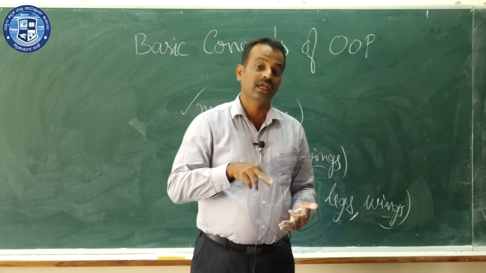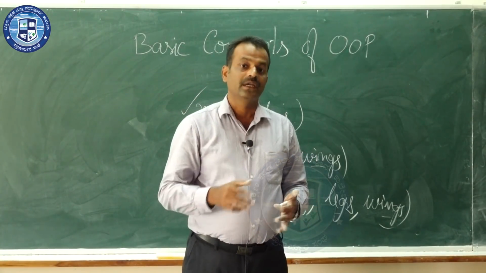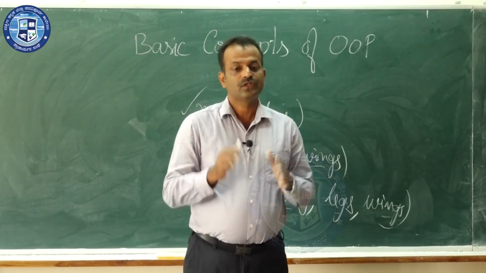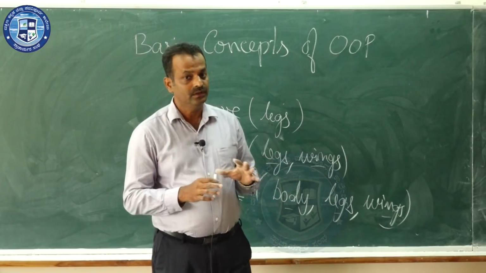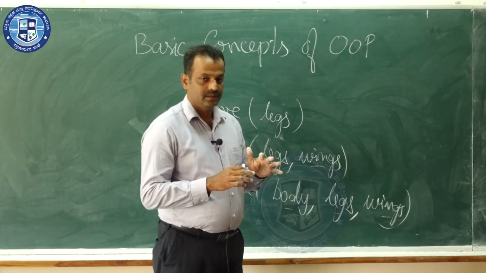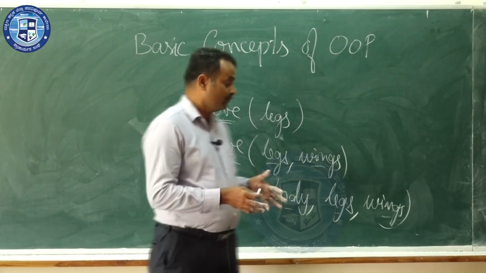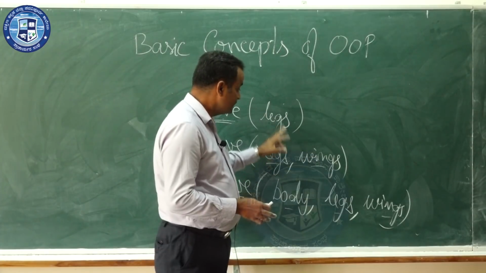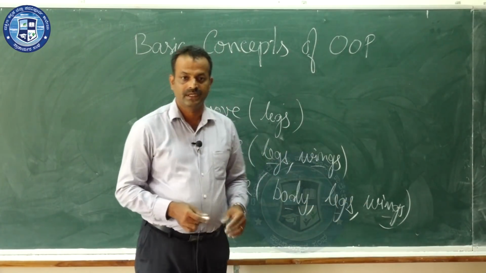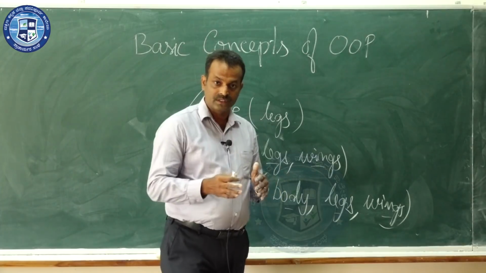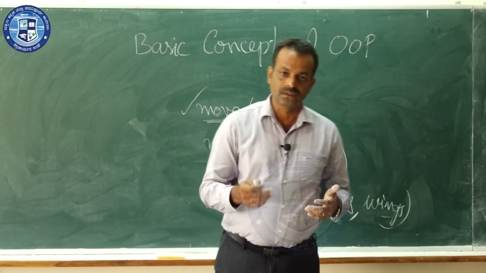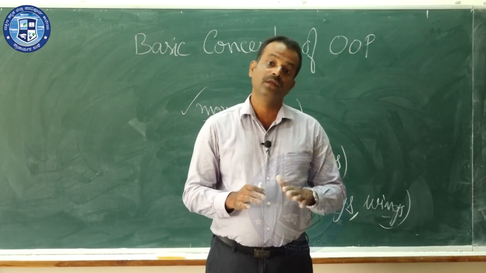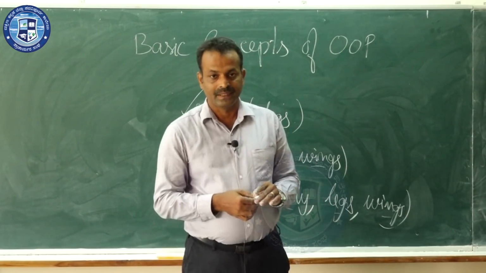In the first case it walks, in the second case it flies, in the third case it swims. So that is polymorphism. The process of defining a function with the same name but with different method signatures or different arguments is called polymorphism, which is also known as function overloading. So using function overloading, polymorphism can be implemented.